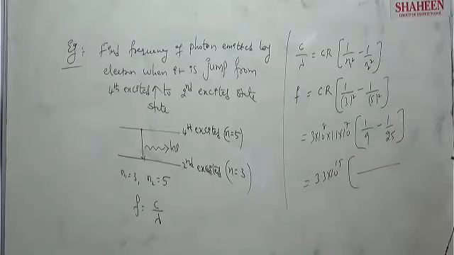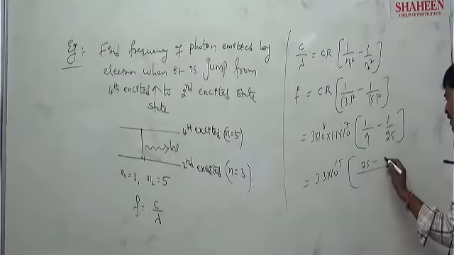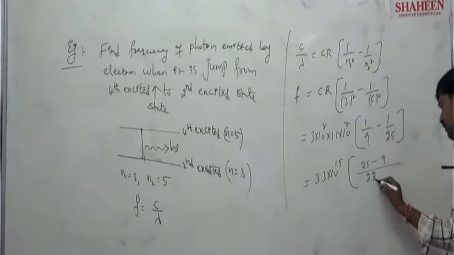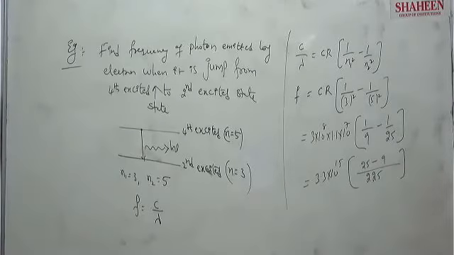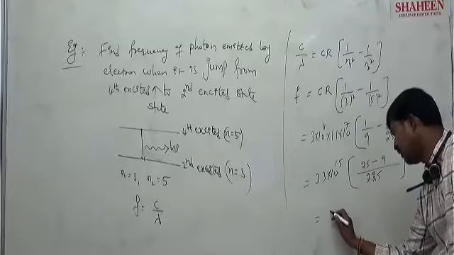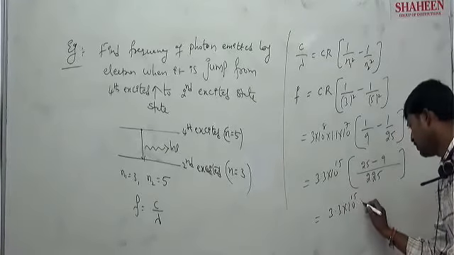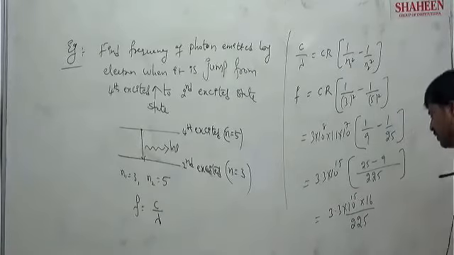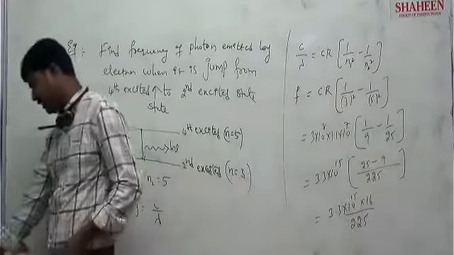So LCM is how much? 9 into 25 only, so 25 minus 9, and 25 into 9 will be 225. Correct? So 25 minus 9 will be 16. So it will be 3.3 into 10 to the power 15 into 16 by 225. Okay? So if you cancel, how much will it come? You just calculate it.